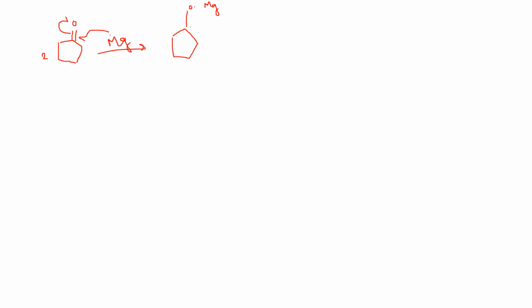So it will give us this compound where O is joined to magnesium, plus another molecule. It will undergo the radical coupling, and under acidification, if we add H plus, this will give us this diol compound.